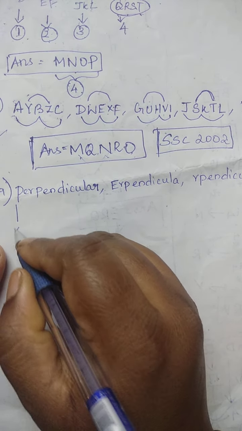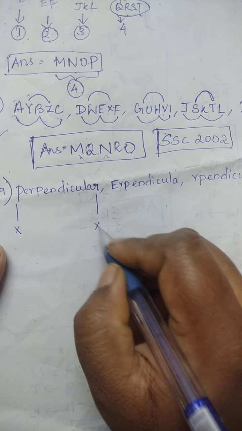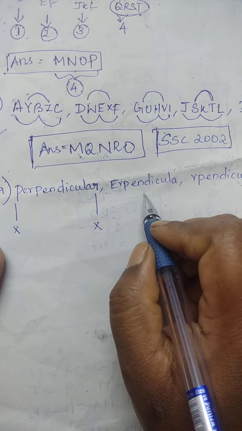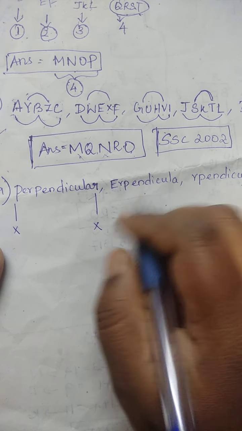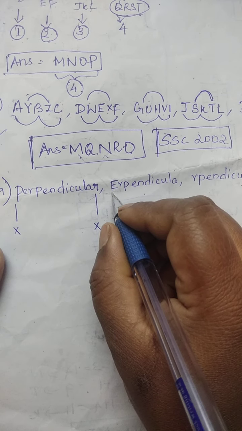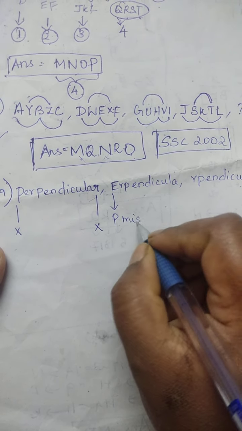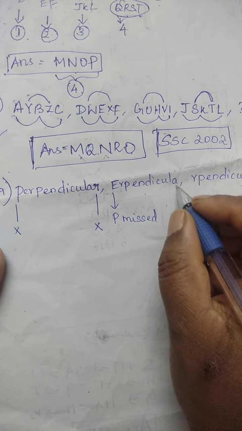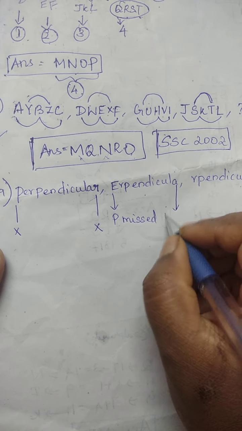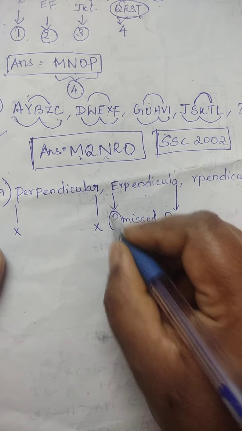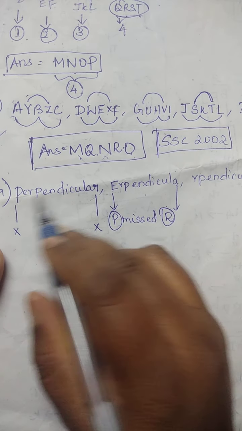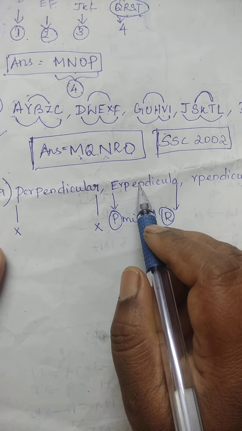So P is not present, R is not present in second term. Okay, here P is missing. Then here R also missed. P and R are missed when compared to the first term.